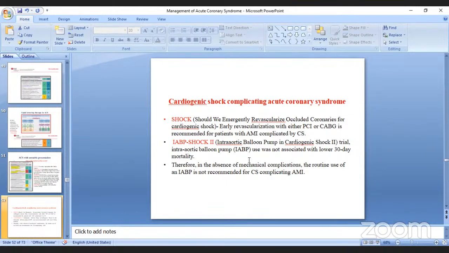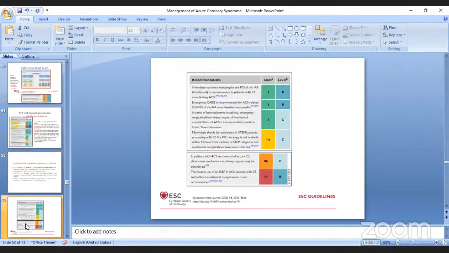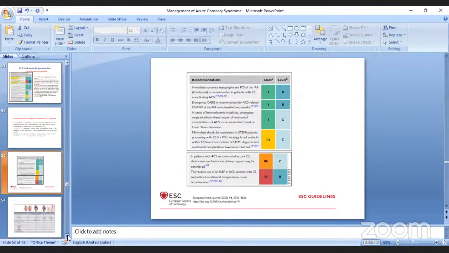Therefore, in the absence of mechanical complications, the routine use of IABP is not recommended in cardiogenic shock. So in patients with ACS and severe refractory cardiogenic shock, short-term mechanical circulatory support devices may be considered, although the routine use of IABP is not recommended.